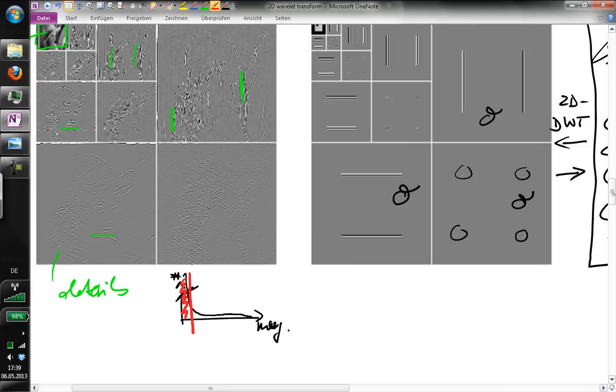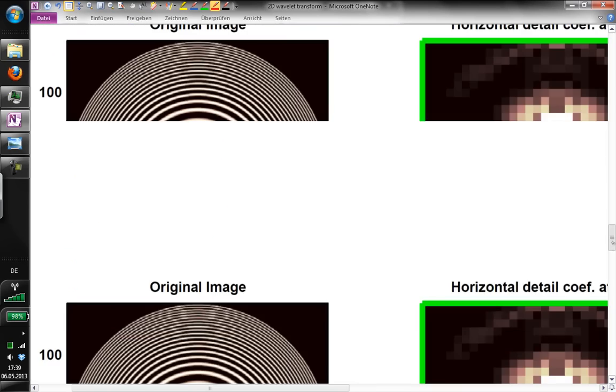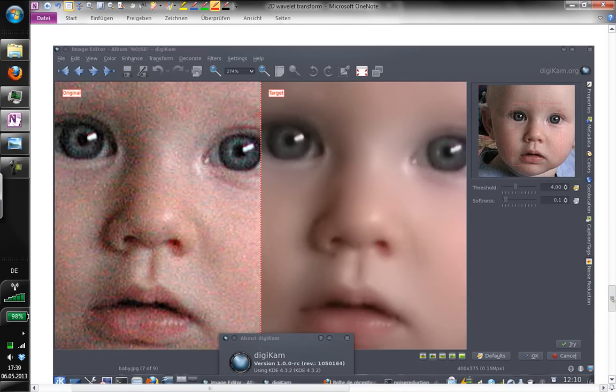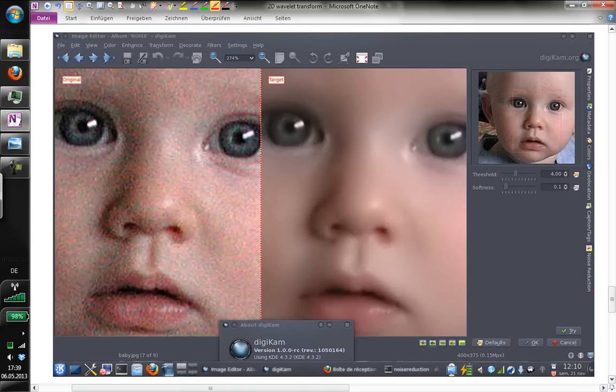Now, denoising is a cousin of compression, and I show an image here from open source software called DigiCam. They have wrapped a piece of code that is distributed with GIMP, the GNU image manipulator, and you see on the left hand a noisy image.